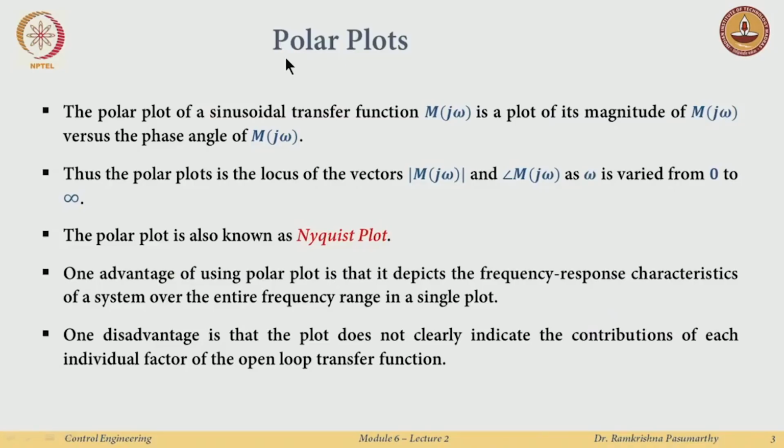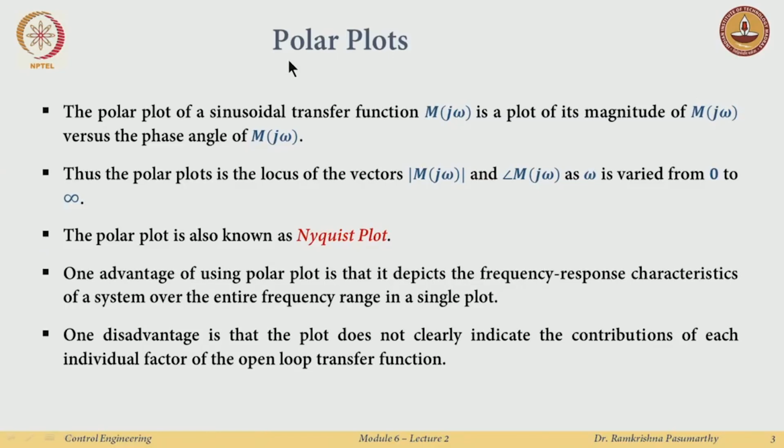When we write omega n square over s square plus 2 zeta omega n s plus omega n square, we know it's always stable. So what do we do if I have a system which has more than 2 poles, say 5 poles or 6 poles? Today we'll try to answer a few of those questions with the help of some frequency response plots.